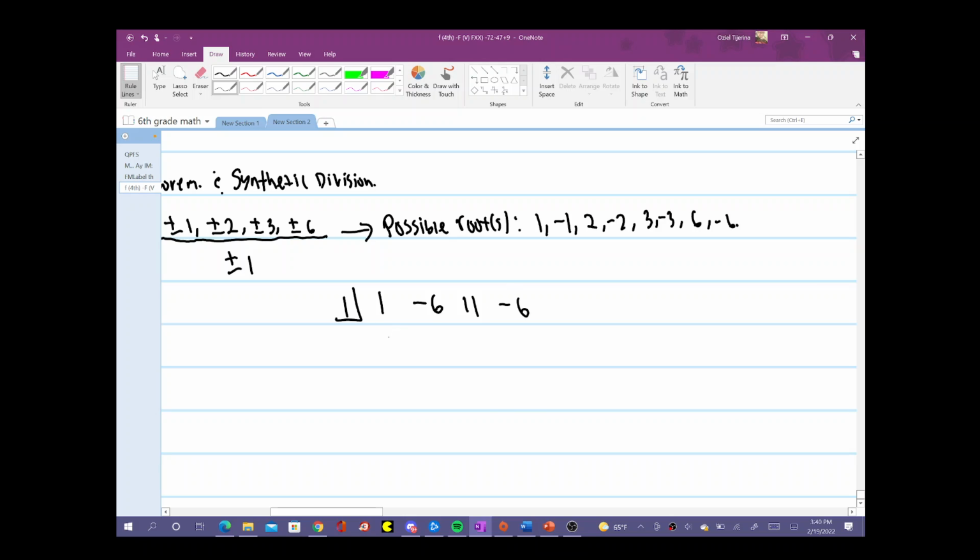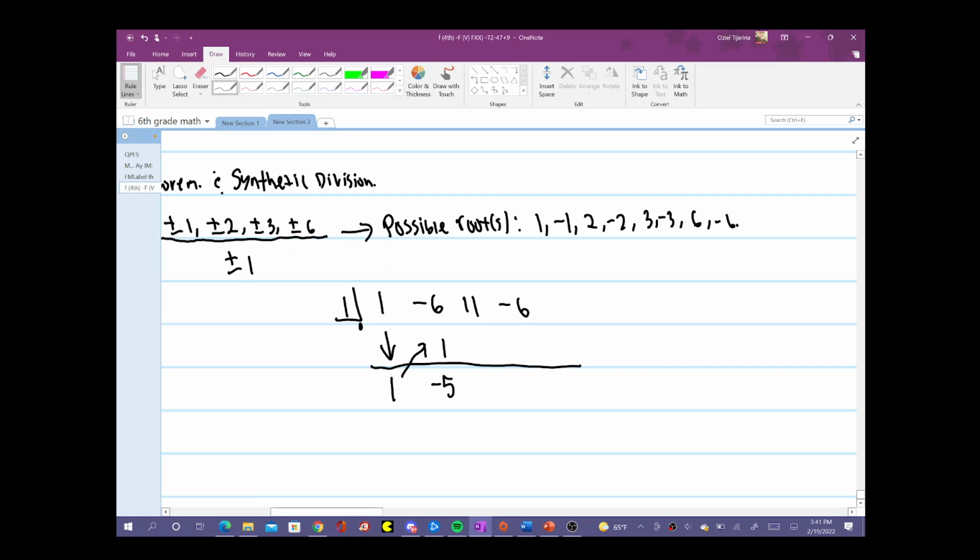Then you move the 1 down. 1 times 1 is 1, so you move that up here. Negative 6 plus 1 is negative 5. Negative 5 times 1 is negative 5.